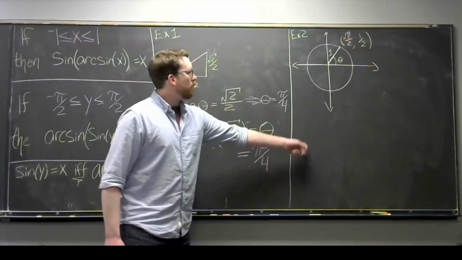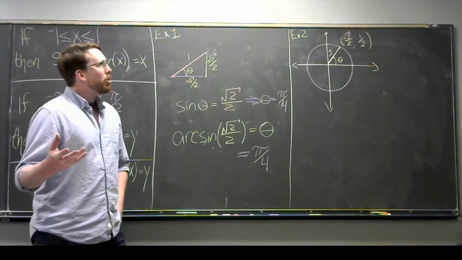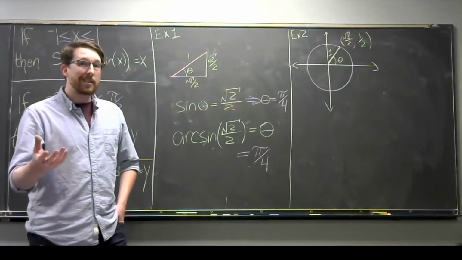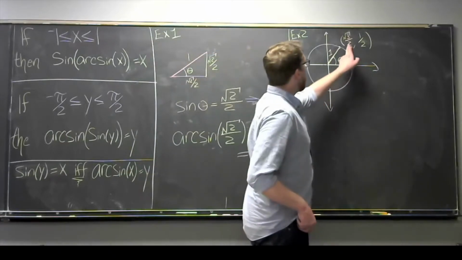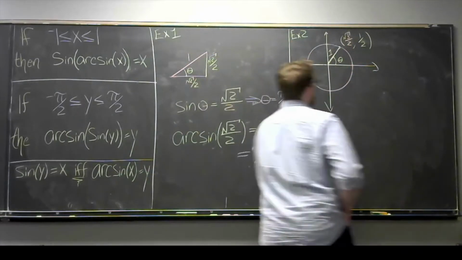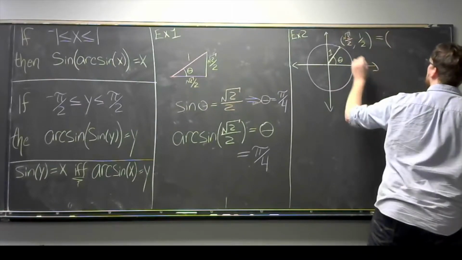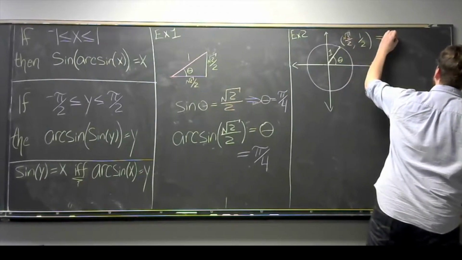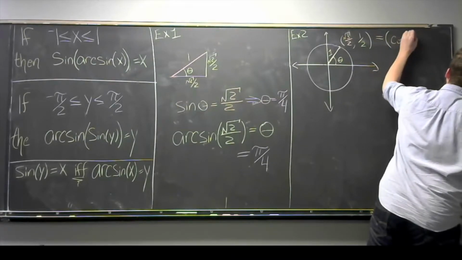This other example, we want to find the angle such that sine is going to be equal to 1/2. How do we know that? Well, we can recall on the unit circle, our xy coordinates are equal to our trig functions, right?